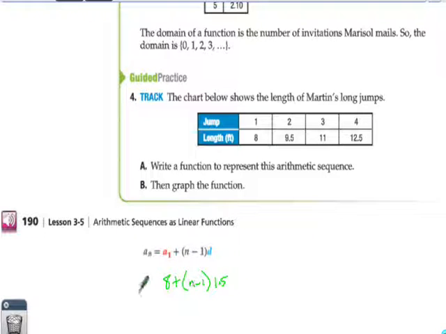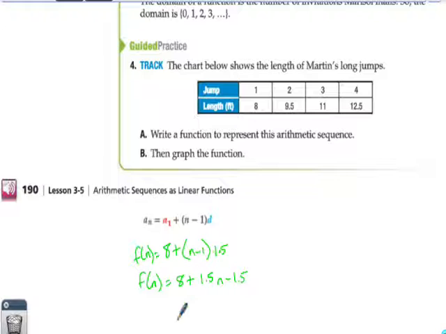So then this is a sub n, and actually, we're going to make this f of n, or g of n, or q of n, it doesn't really matter. So then, let's distribute. f of n equals 8 plus 1.5n minus 1.5. And then let's write this out like we would a line.